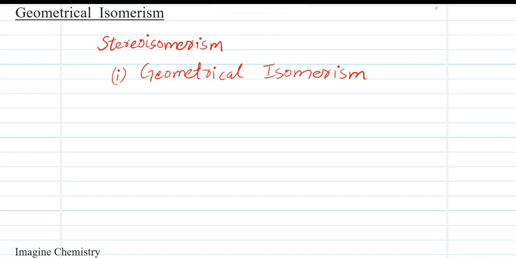To understand the concept behind geometrical isomerism, you have to understand the concept of rotation of bonds. It is a fundamental concept that single bonds are always rotating about their own axis. So what I want to say is, let's say I have a single bonded molecule over here.